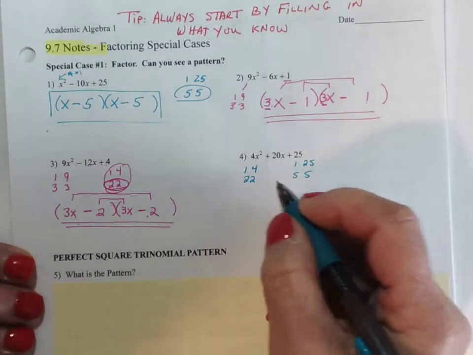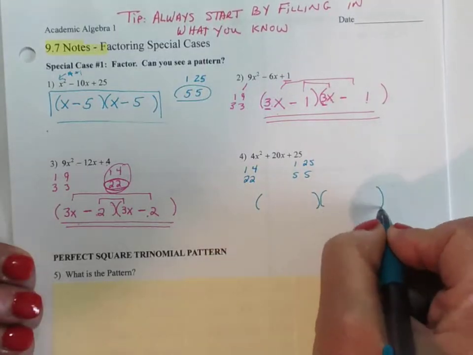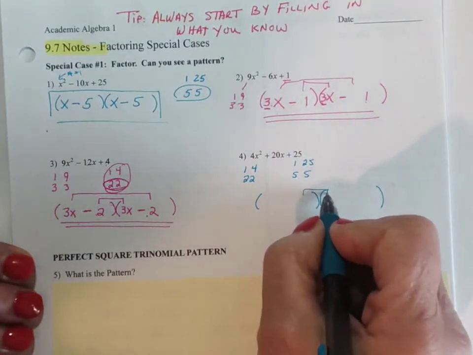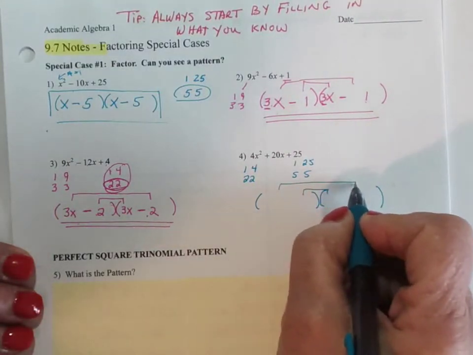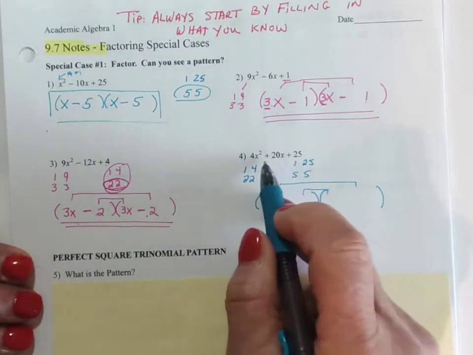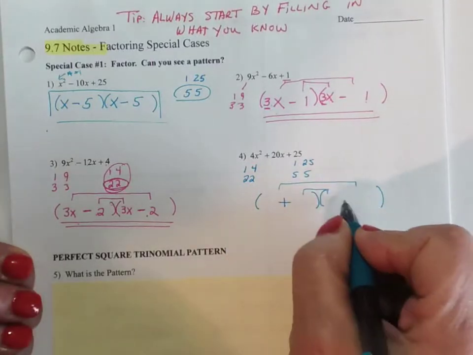All right. And I set up my 2 sets of parentheses. And I put my visual brackets on the outer. And so I know that my signs, because this is positive and this is positive, my signs have to be positive.